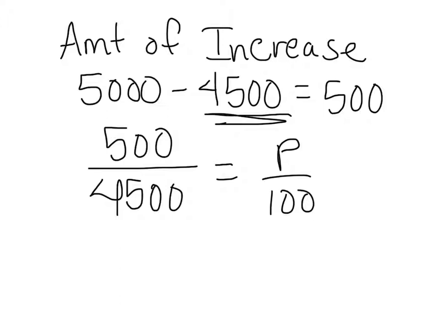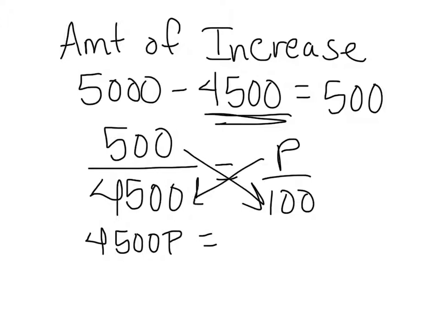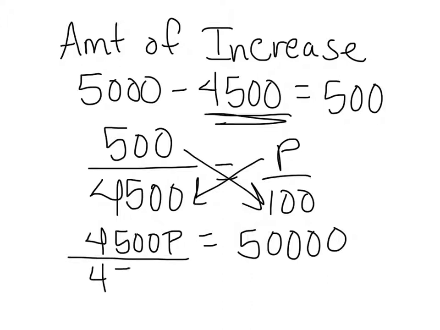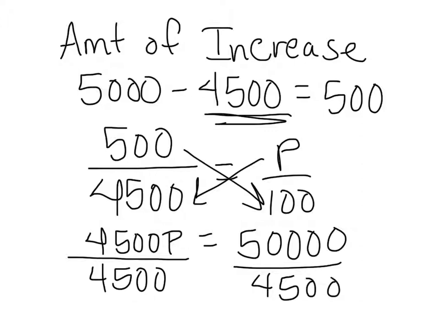And so we cross multiply and we get 4,500P equals 500 times 100. It's going to be 5 with 4 zeros, right? 50,000. We're going to divide both sides by 4,500. And we can cancel out a couple of zeros, and we have 500 divided by 45.